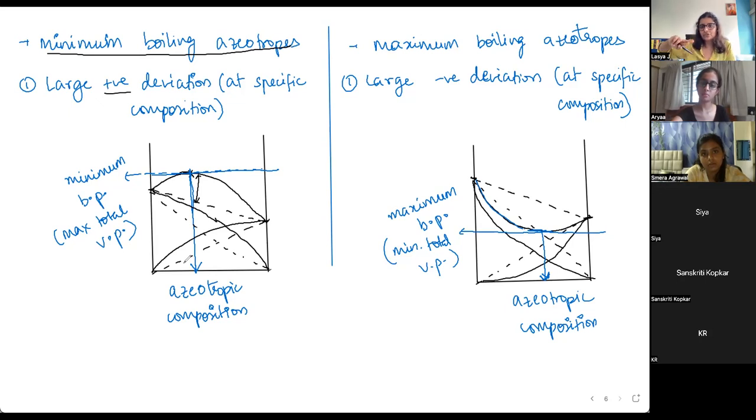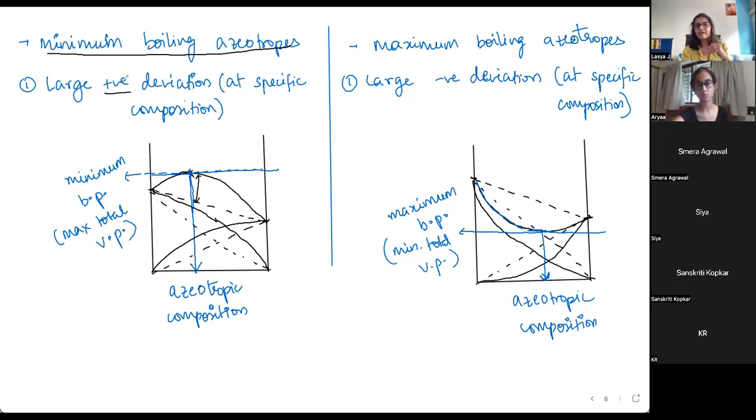So even if you boil it, it will boil at the same constant temperature. And they're constantly boiling, so it's not possible to separate them out, right? Now, there are different types of azeotropes. They boil at a constant temperature, so you might have a minimum boiling azeotrope or a maximum boiling azeotrope, where the boiling point becomes lower or higher.